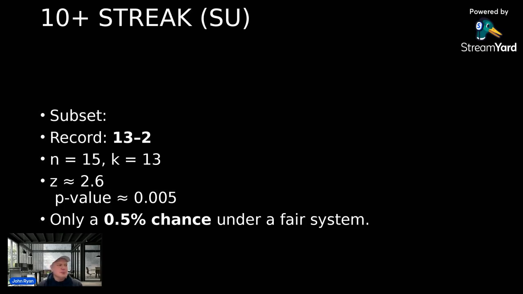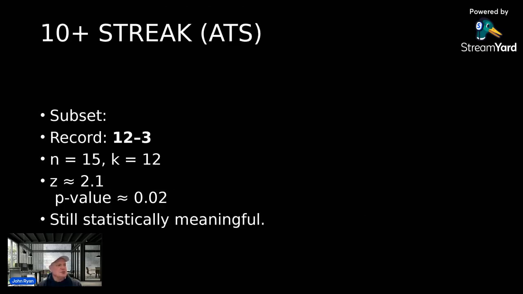Anything under 0.02, and some people even use 0.05, is considered not random, that there is something meaningful between the parameters we've chosen to make this algorithm. So a 0.005 p-value simply means that there is only a 0.5% chance of this being random under a fair system evaluation.